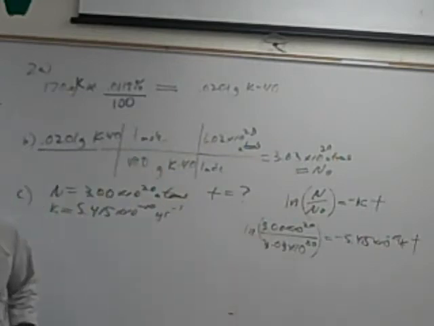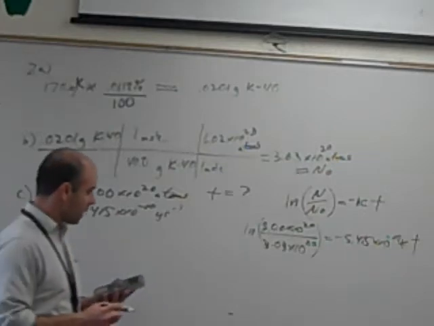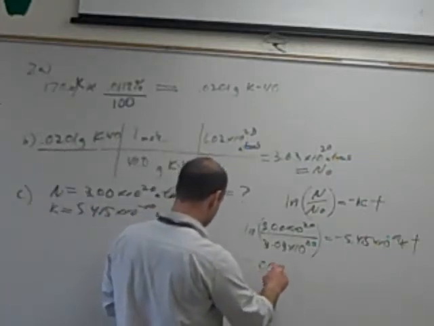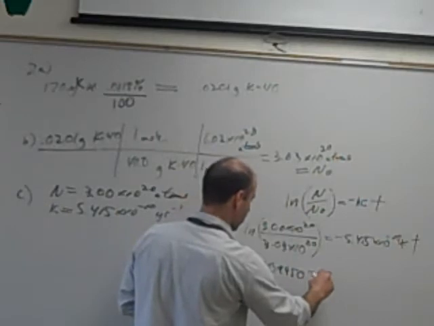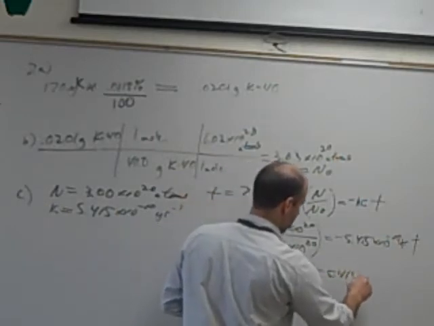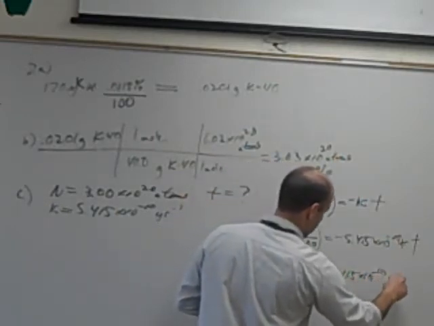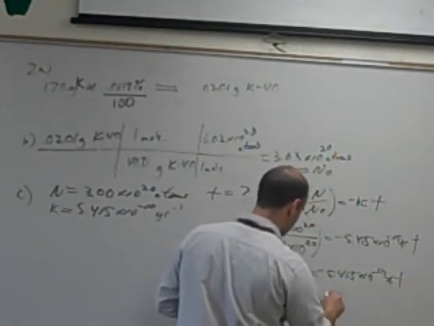When you take the ln of that, I get negative 0.009950. Solve for t.